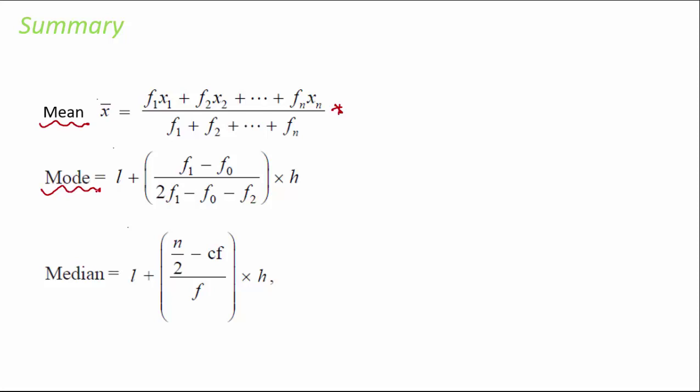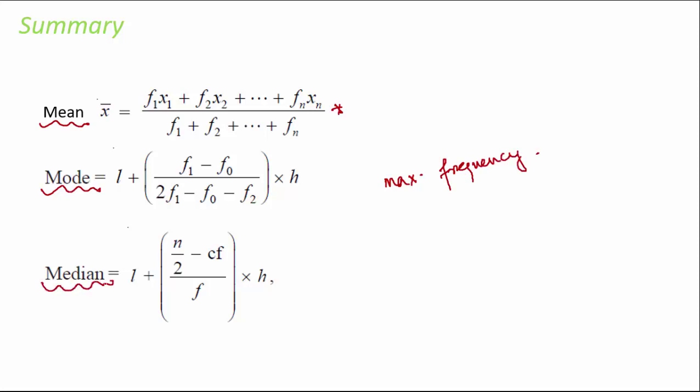Let's say the number of people opting for apple is more than 50% of the class. So that value becomes the mode. So mode is basically that value amongst the observations that occurs most often, the one with maximum frequency. So that's mode.